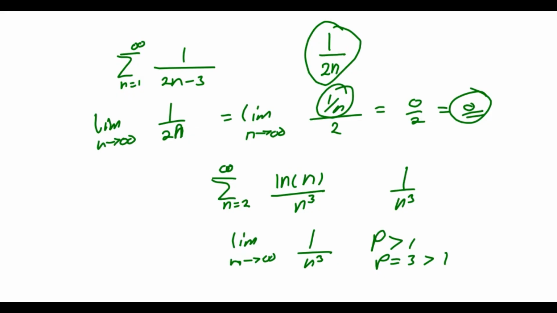Okay, the reason why I'm overemphasizing the fact that you need to pick the most significant part is I'm still going to use this when I talk about the limit comparison test, which is question 6. Question 6 talks about using the limit comparison test.